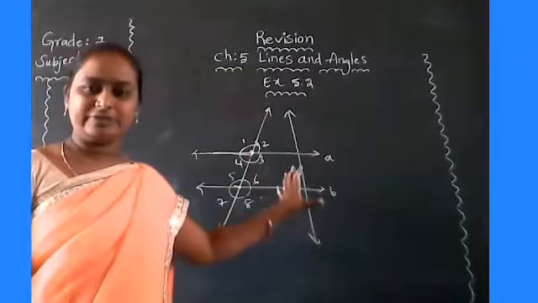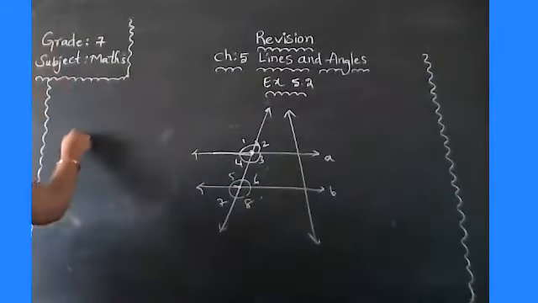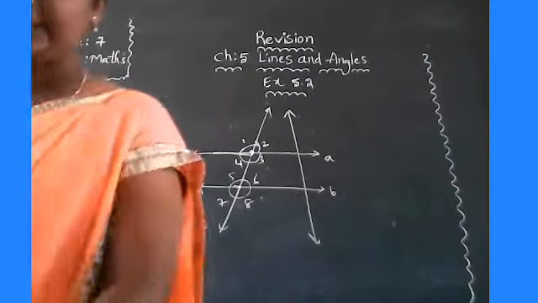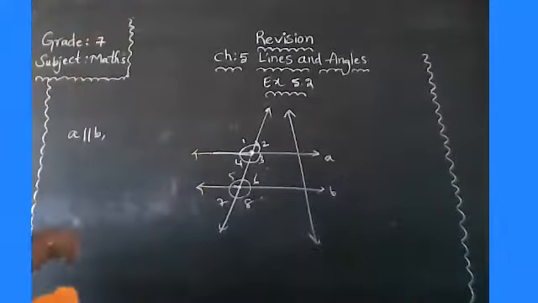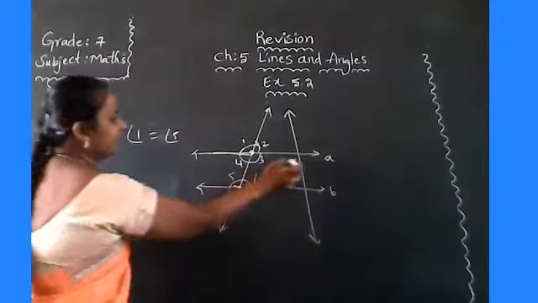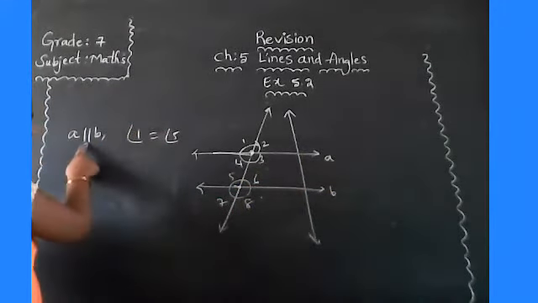Which property is used? First one: if A is parallel to B, then angle 1 is equal to angle 5. Observe here, A and B are two parallel lines. This symbol is parallel.